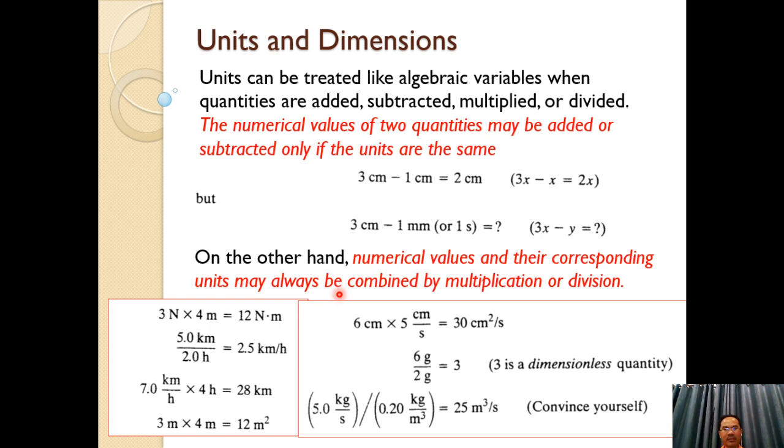The unit comes from the compound or combined unit from the multiplication or division. For example, you multiply 3 Newton with 4 meter, you get 12 as the value, and you get a new unit, Newton multiplied by meter. That's different from addition or subtraction.